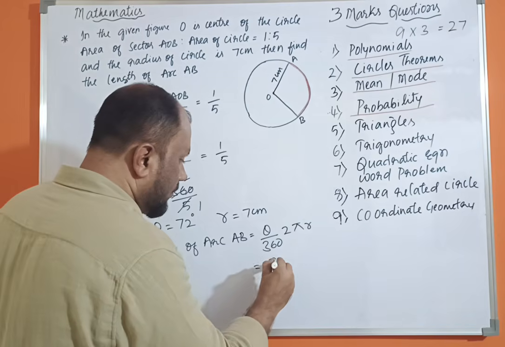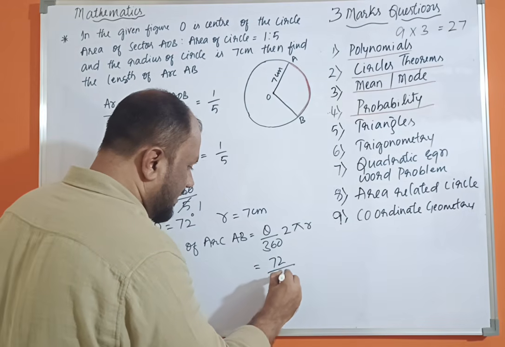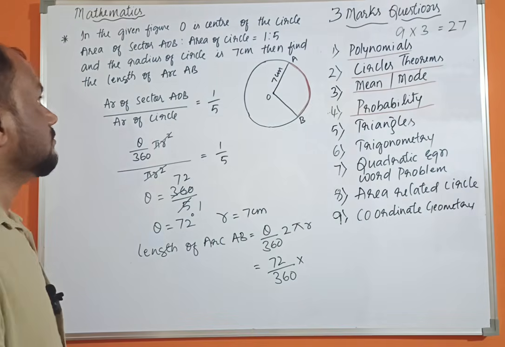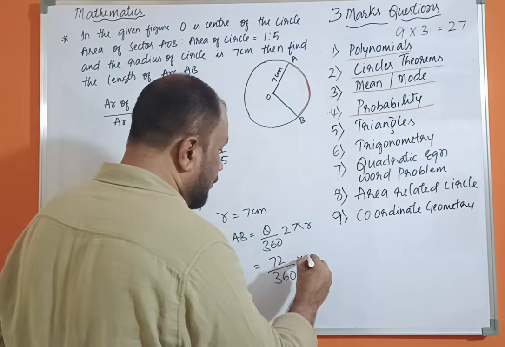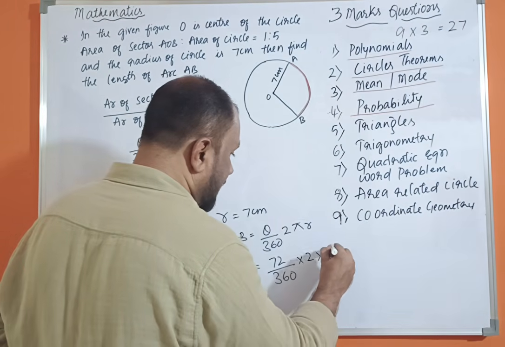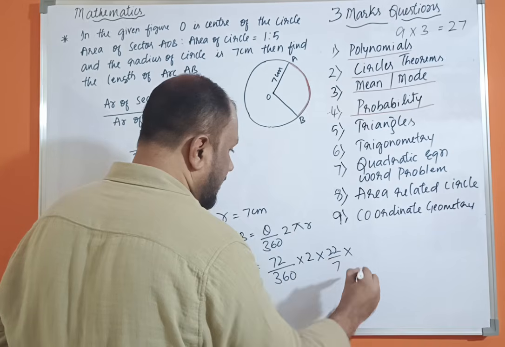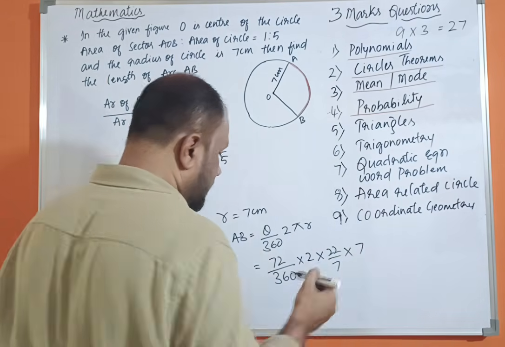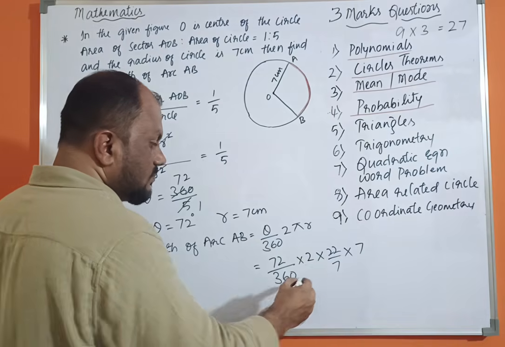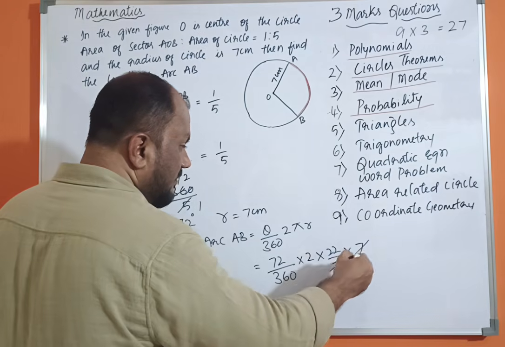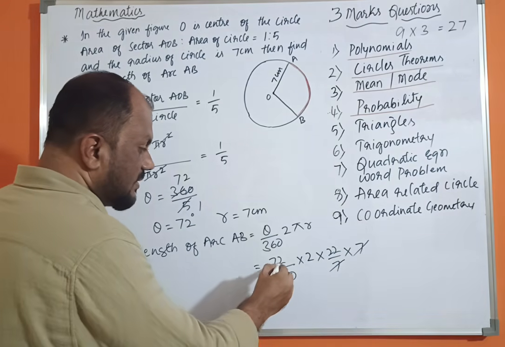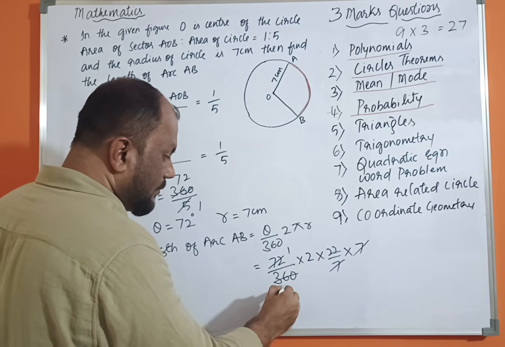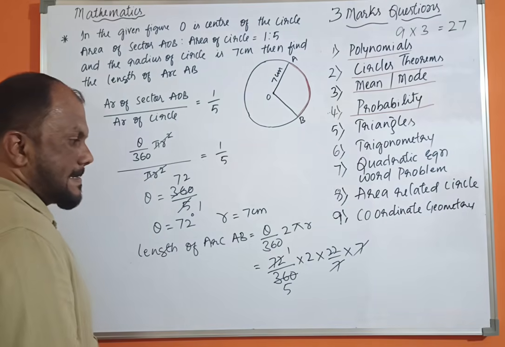Theta is 72 divided by 360 into 2 pi is 22 by 7 into r is how much? 7. 7 one time, 7 one time, 72 ones are 72, 5s are 360.